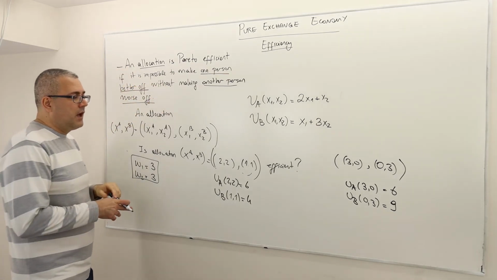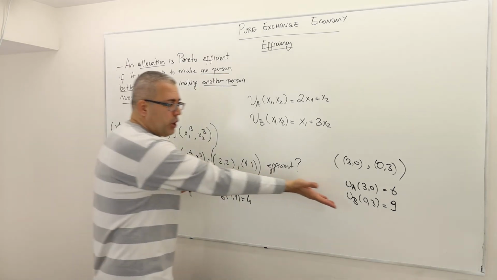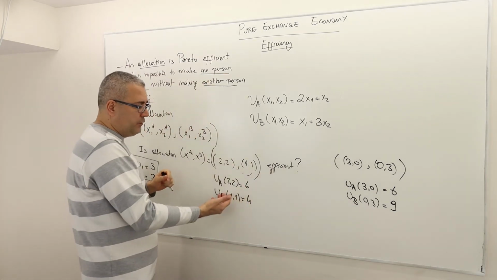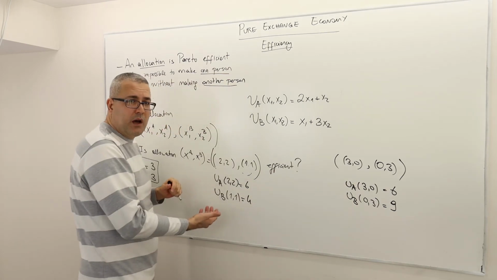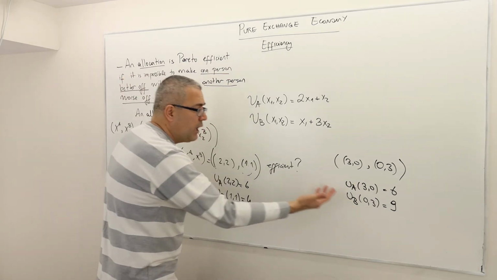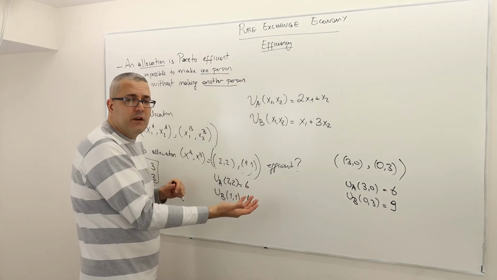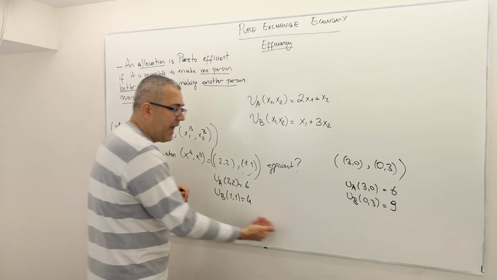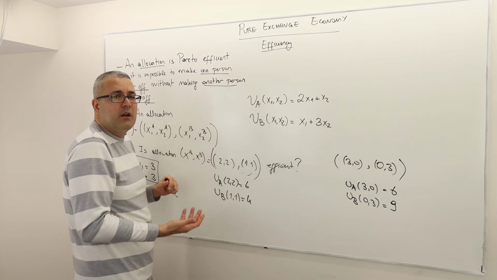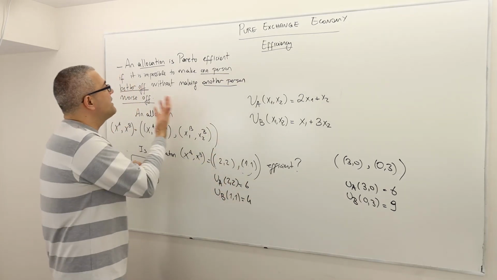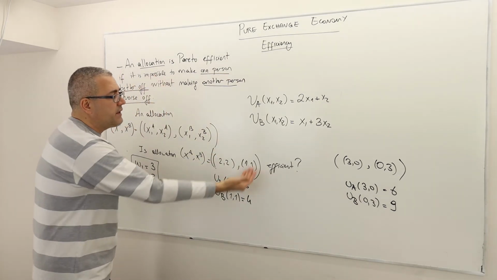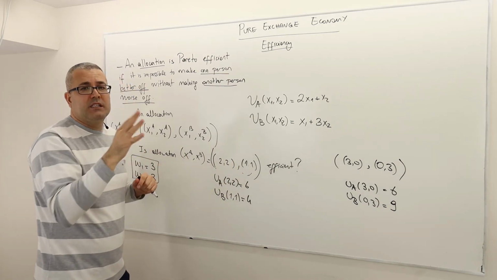However, here, I just showed that it is possible to make one person, which is Bob in this scenario, better off without making Anita worse off. Anita is indifferent, so she's not worse off. But I actually made Bob happier. So it is possible. So what does that mean? Well, that means this allocation is not efficient.